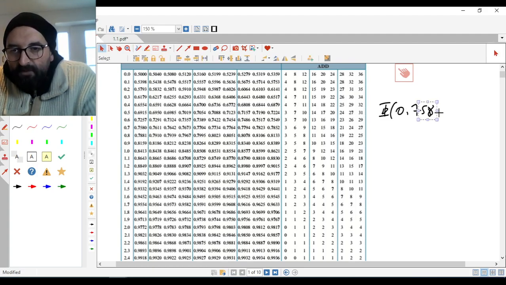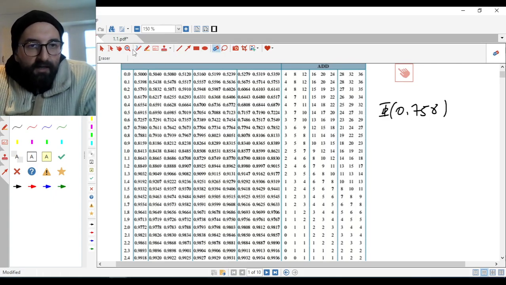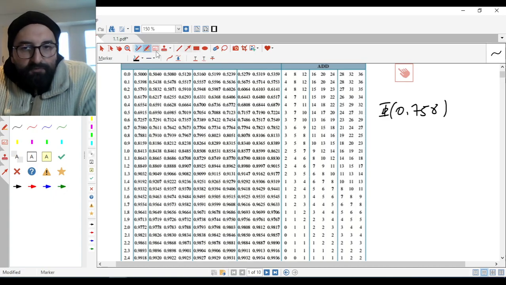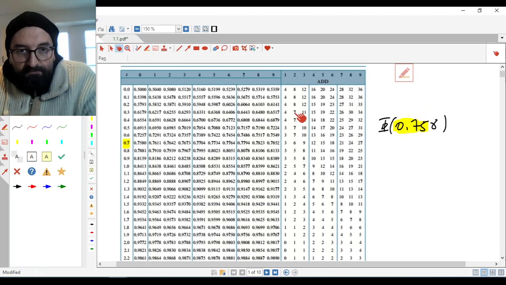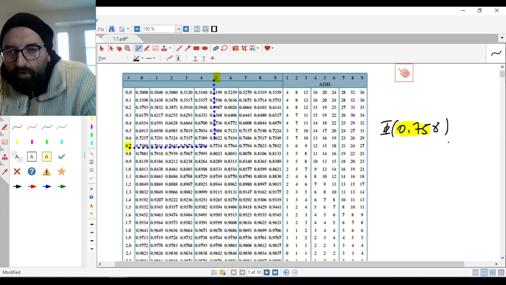0.758. And also we have to find firstly 0.7. 0.7 is here, and then 0.5, but for the column 5 is here, and 0.7 and 5 they are meeting under this number, 0.7734.